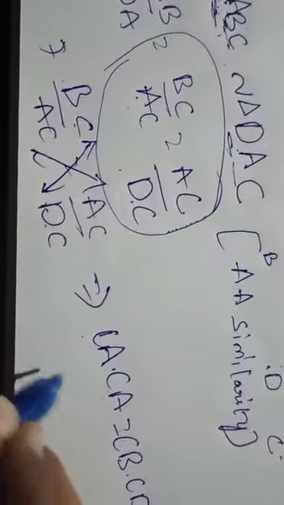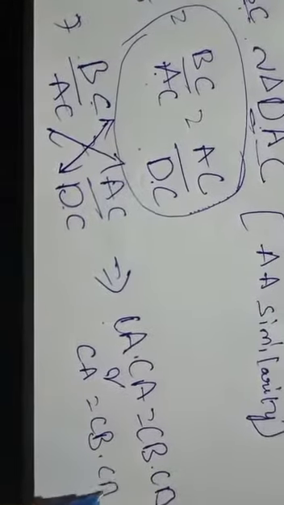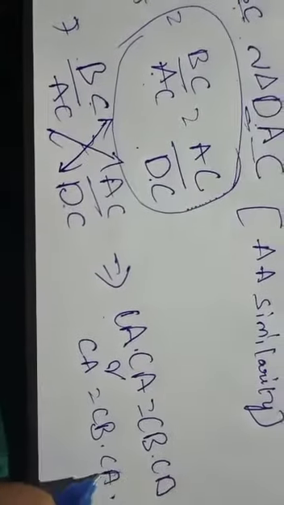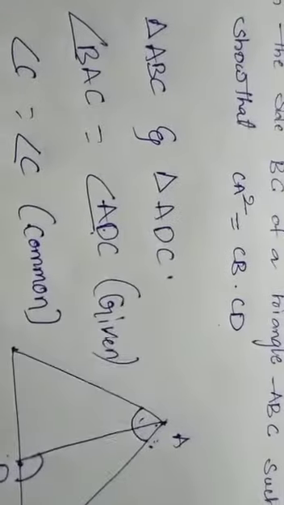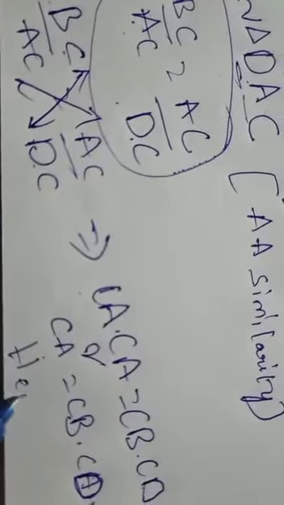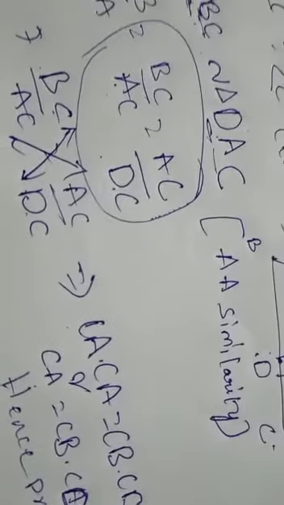CA into CA, which is CA square, equals CB into CD. See, CA square equals CB into CD. Both are same. Hence, proved. Is it clear?